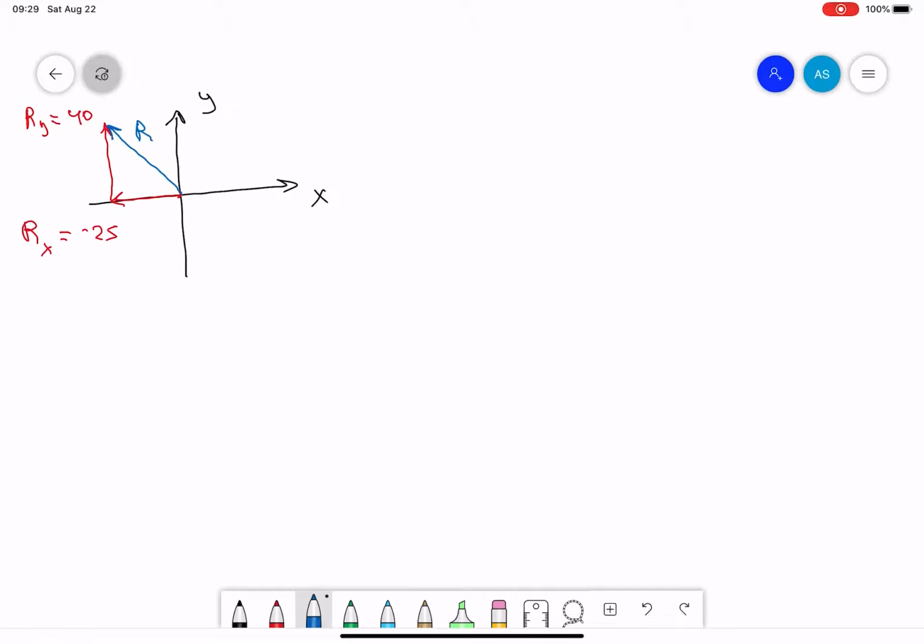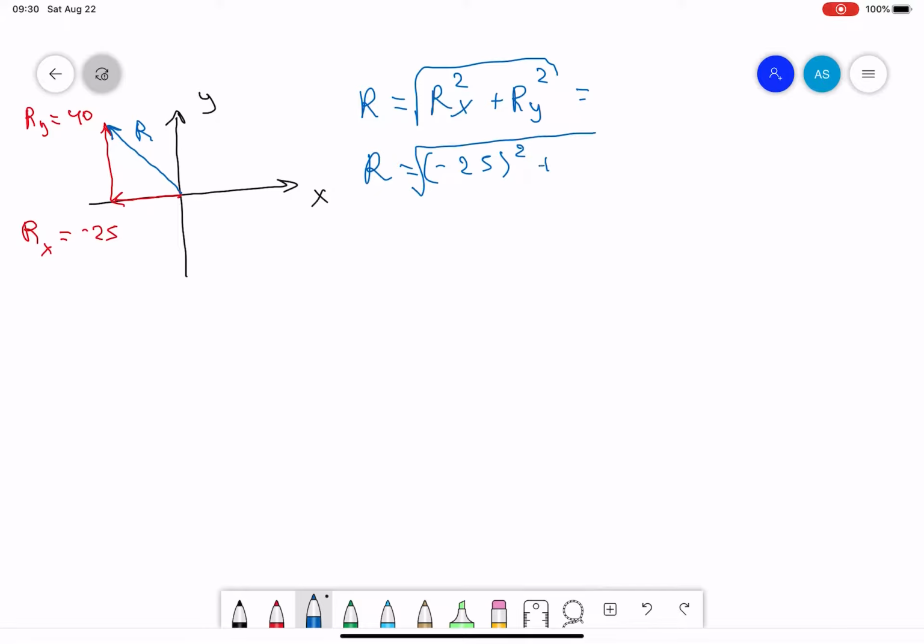Now, obviously, you can find the magnitude of the r vector using the Pythagorean theorem, which means r is equal to the square root of rx squared plus ry squared. So let's plug in the numbers. r is equal to the square root of our x component, minus 25, squared, plus 40 squared.